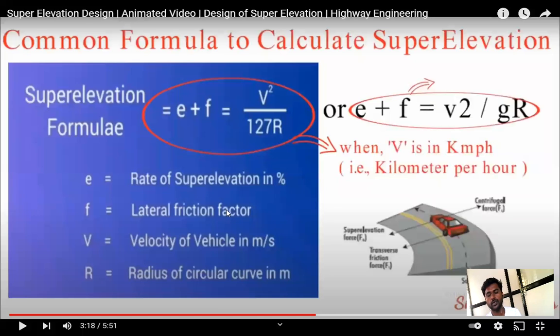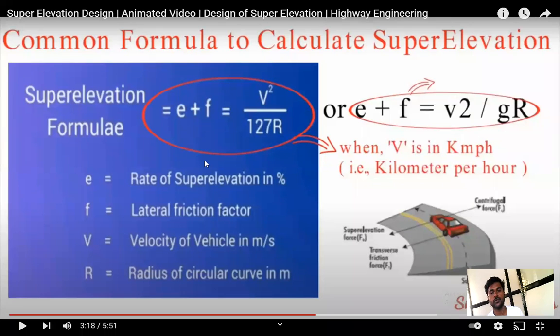When the velocity is given in meter per second, we will use the formula E plus F is equal to V square upon G R. And when the velocity is in kmph, we will use the formula E plus F is equal to V square upon 127 R. This formula is asked for MPSC. Because we know the formula V square upon G R for meter per second, but we don't know the formula for kmph, they will ask the formula when the velocity is in kilometer per hour.